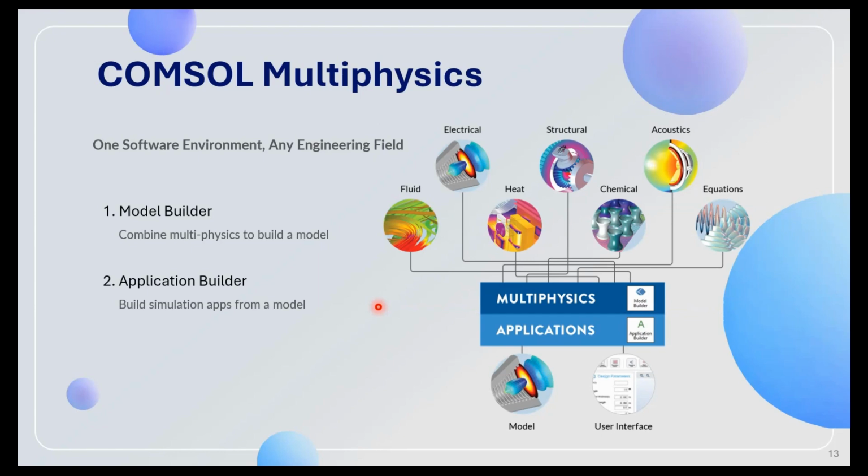After simulating the model, engineers usually want to make a simple and user-friendly simulation app that can be used by customers or collaborators who are not experts in COMSOL. The last workspace is Model Manager, with which managing, controlling, and organizing models and simulation apps can be done easily.